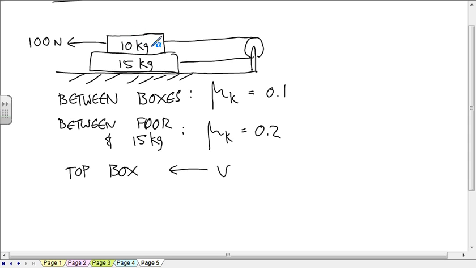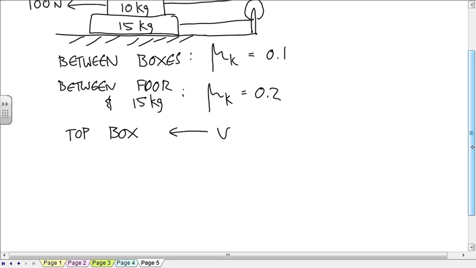Any motion of the top box totally determines the motion of the bottom box and vice versa, right? Because of this cable, there's a relationship between those. And so if the top box accelerates with a certain value to the left, the bottom box has to accelerate with that same value to the right because they're fixed relative to each other. Okay?